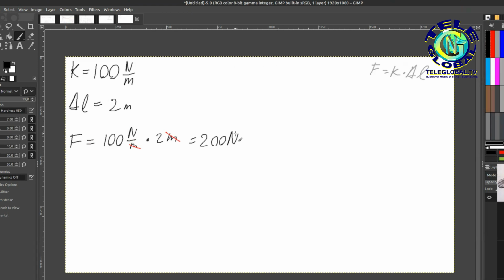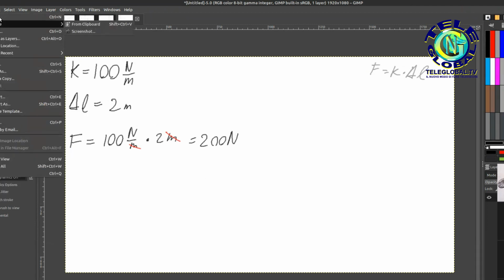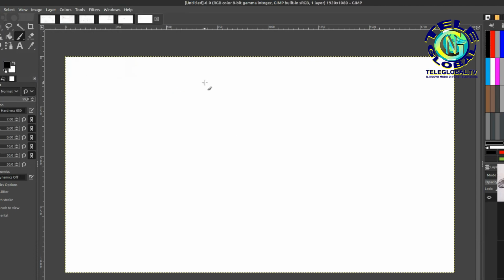Okay. Now for something a little more complex. So when you're doing physics exercises, it's also common to sketch the situation.